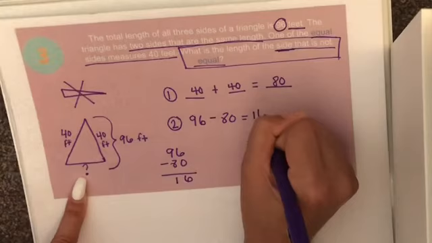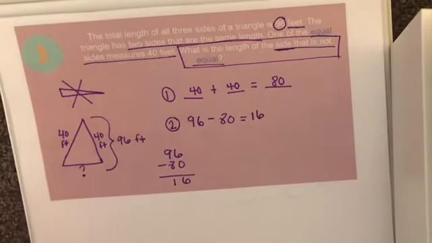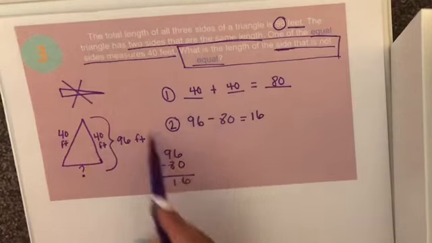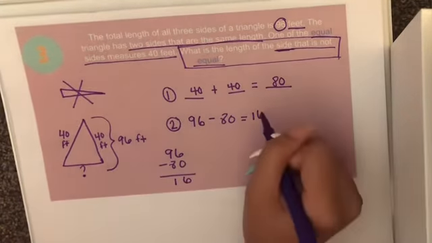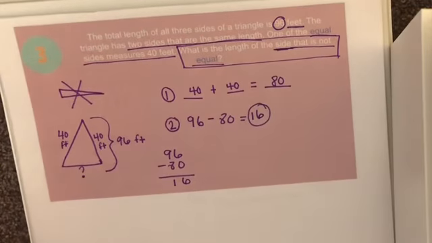So this right here is 16. All right, so far I've annotated my question. I came up with my number sentences. I'm missing something because I have the answer here, but I haven't answered it fully.